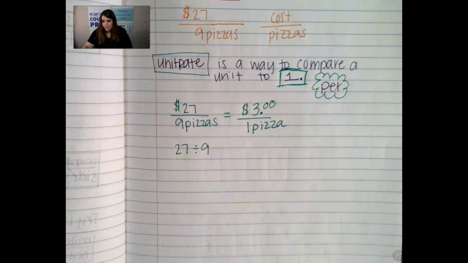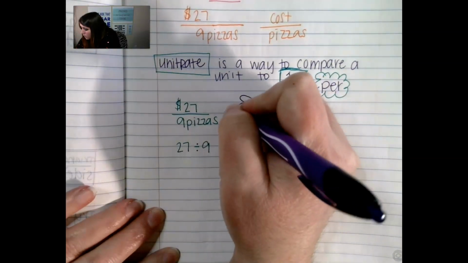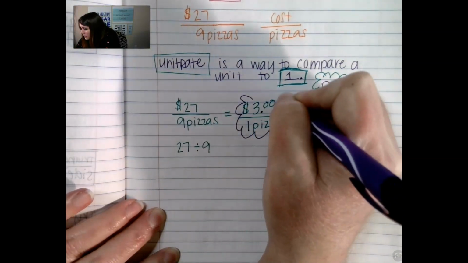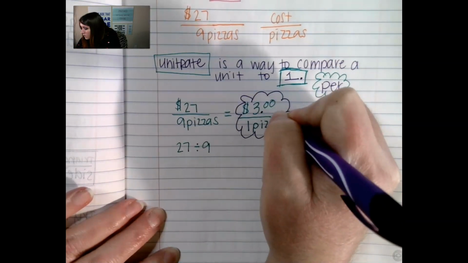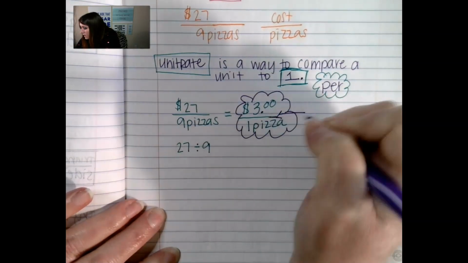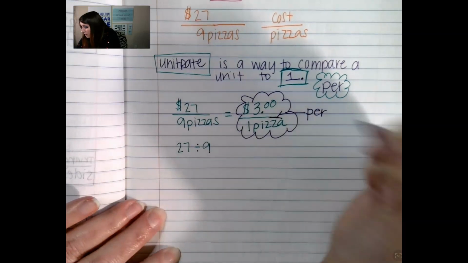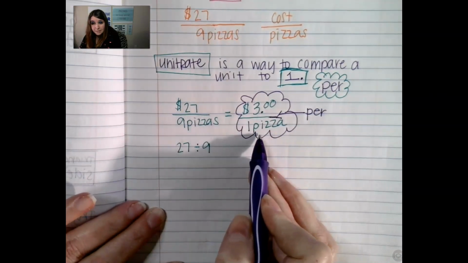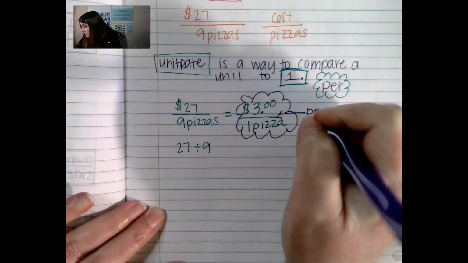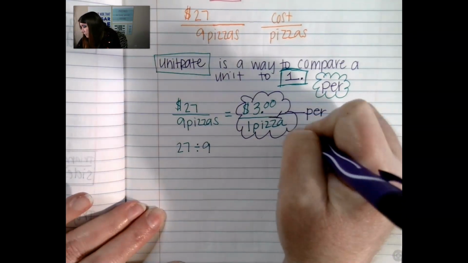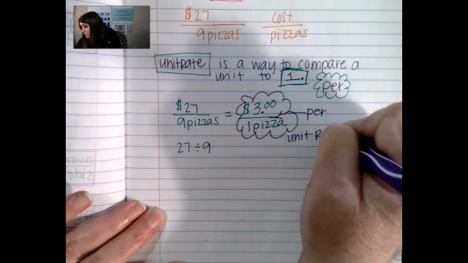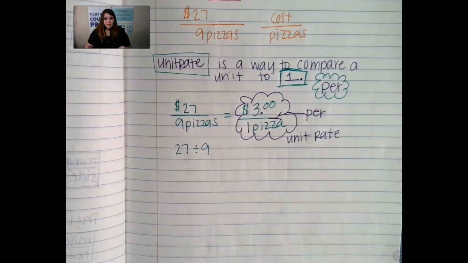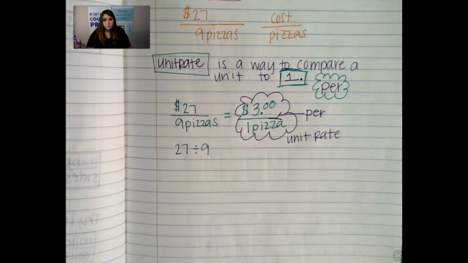So our unit rate is right here. We're going to use this line right here as our per. $3 per 1 pizza. We have a denominator of 1. So this is our unit rate. I know that if I wanted to buy more than 1 pizza, I would be paying $3 for every pizza.